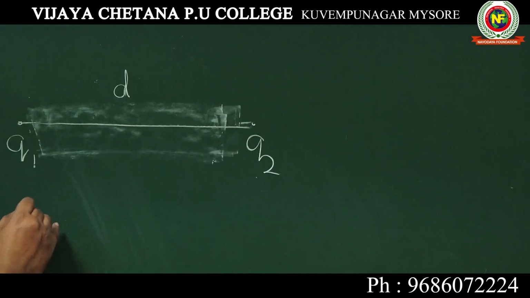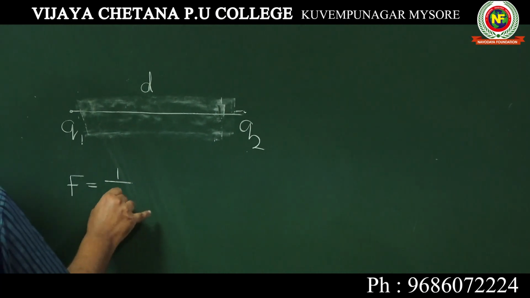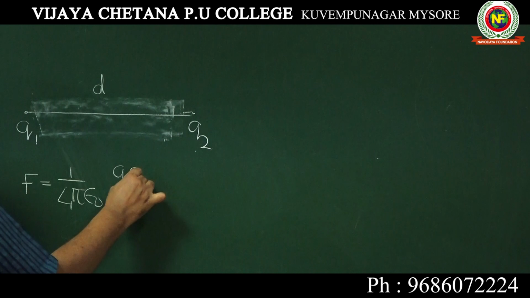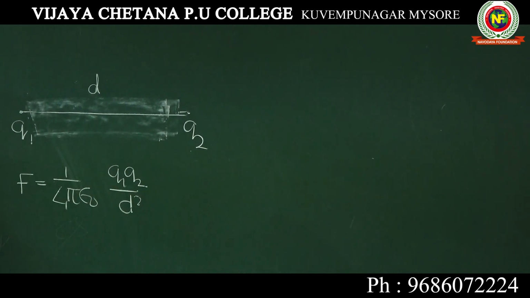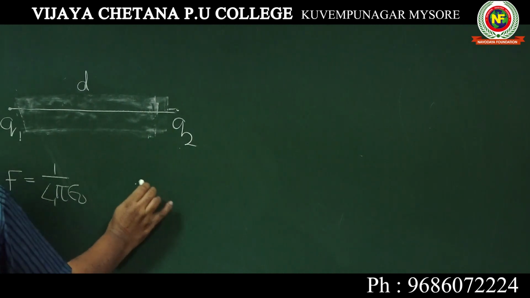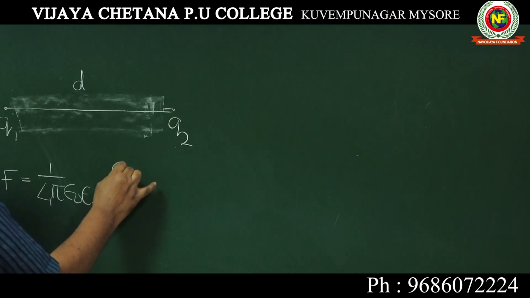Here, how do I write the expression for force? Force is equal to 1 by 4 pi epsilon naught Q1 Q2 by d square. But in addition to that, here I multiply it by another term called relative permittivity.